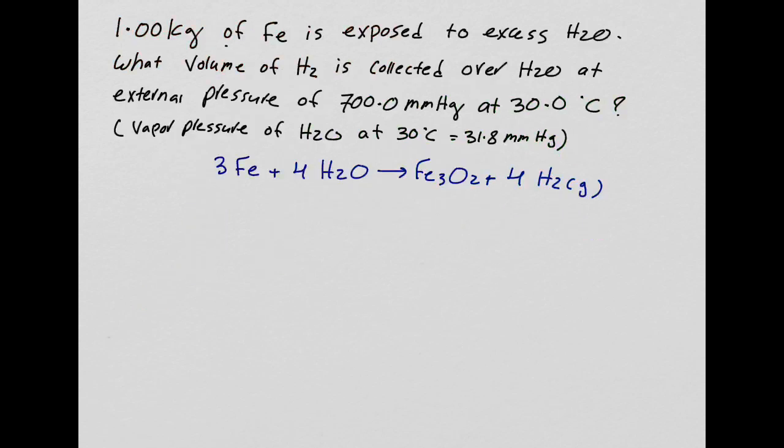Okay, now ready to do our first practice problem. Here is our first problem. Here it says that we have a metal, Fe, exposed to excess water, and the volume of H2 gas is collected over water. This is my key phrase: collected over water at the external pressure of 700.0 millimeters of mercury and 30 degrees Celsius.